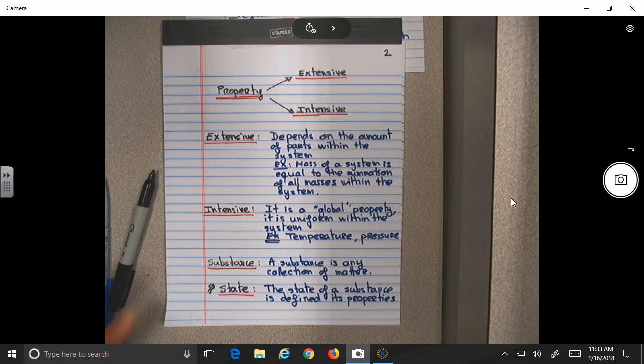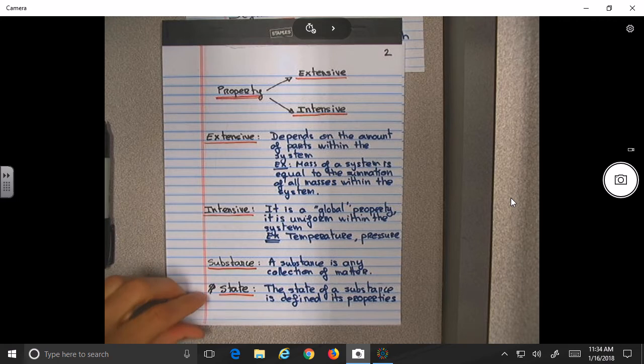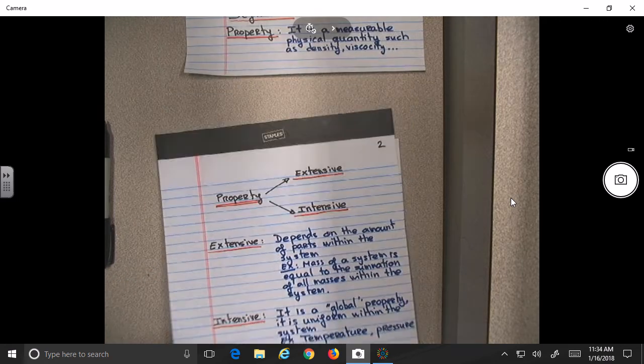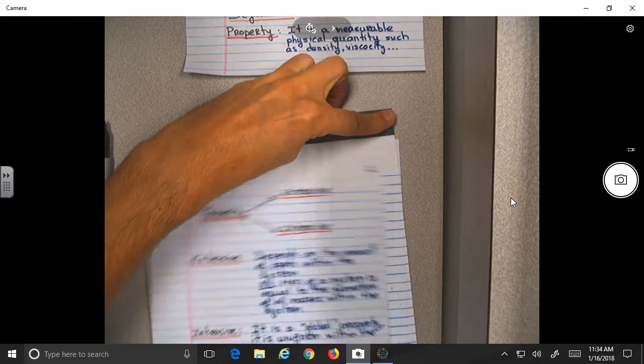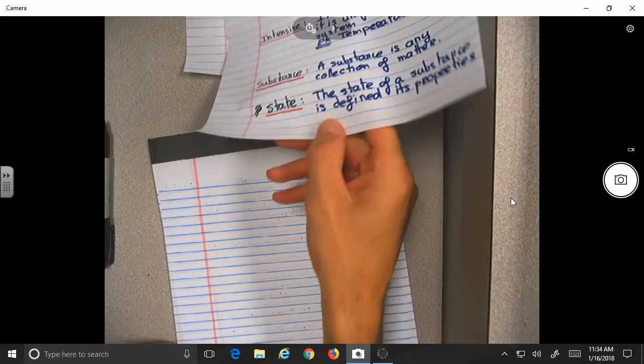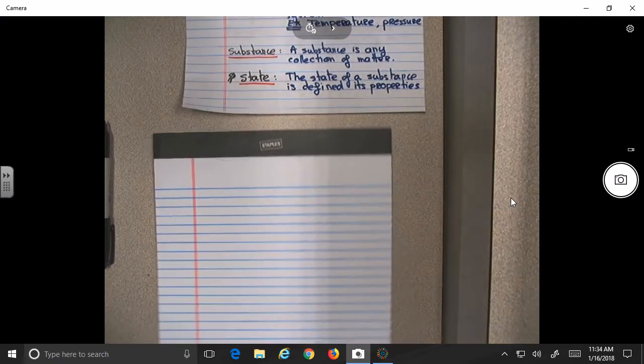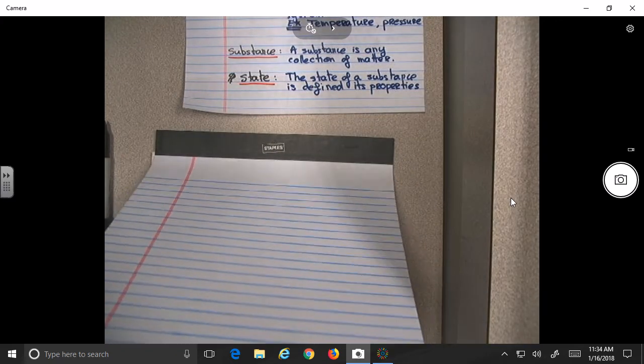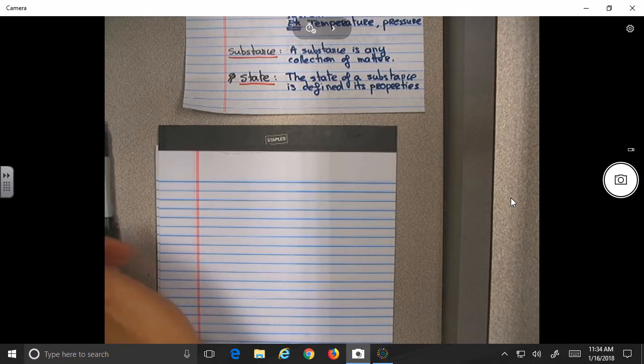Let's see what other definitions we can put. This is just for you to get familiar with the vocabulary, the semantics we'll be using during the class.